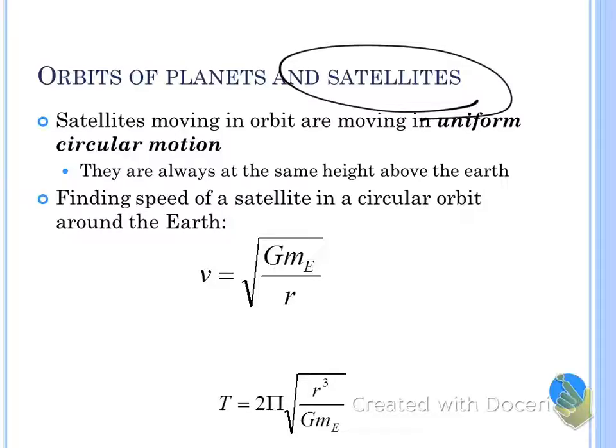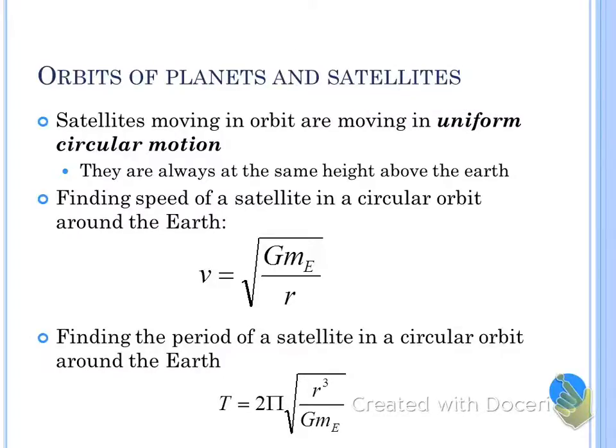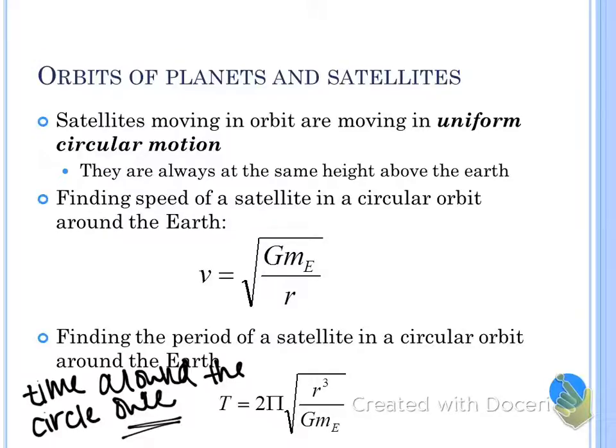Okay, and then if I want to find the period of a satellite, remind me what period means. Good. Time around the circle once. Okay.